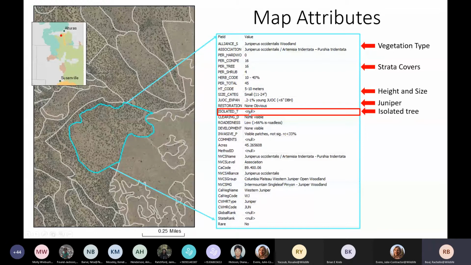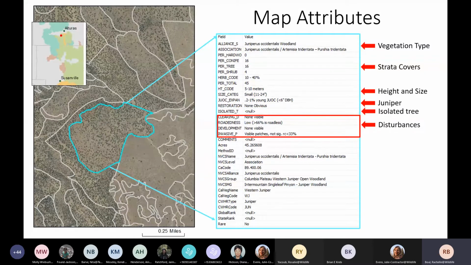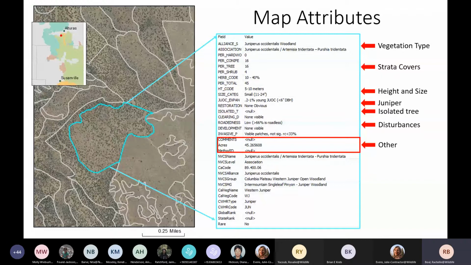You have presence of isolated trees to help identify roosting and nesting sites for raptors and owls. Attributes for various disturbance to the vegetation. Comments and other fields that give you more information about the specific polygon.